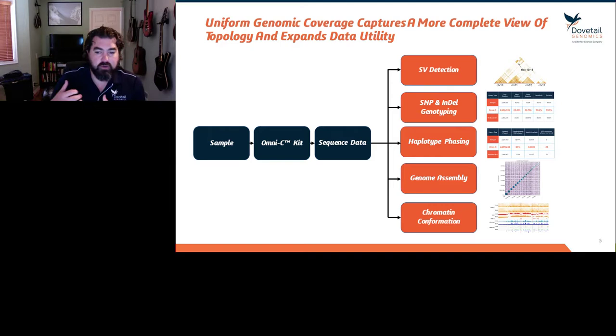So what this sort of increase in coverage profile plus that long-range 3D information allows us to do is expand the ability for short reads to act as long read information. So you can now do large structural variation detection. You could do your SNP and indel genotyping. You can do haplotype phasing. You can then assemble and scaffold your genomes based on those 3D contacts.